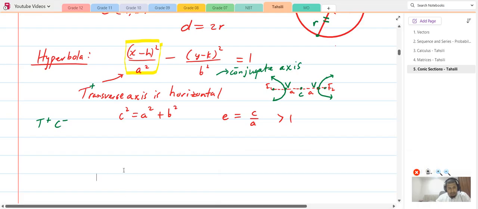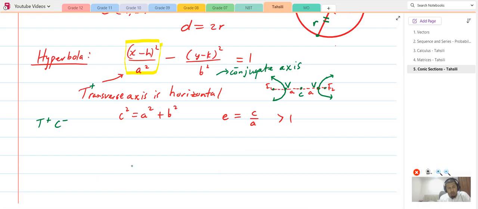Now we also have asymptotes. What are the asymptotes in a hyperbola? The asymptote passes through the center and is exactly symmetrical. The asymptotes are given by y minus k equals, so basically there is the equation of these broken lines.